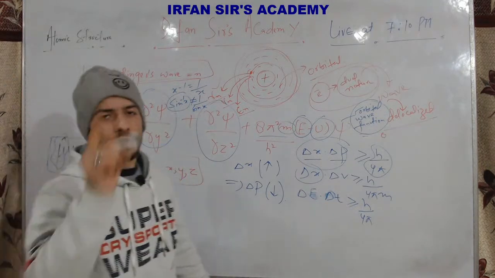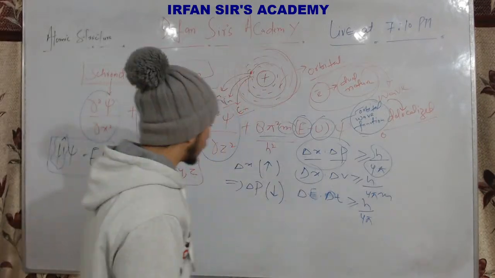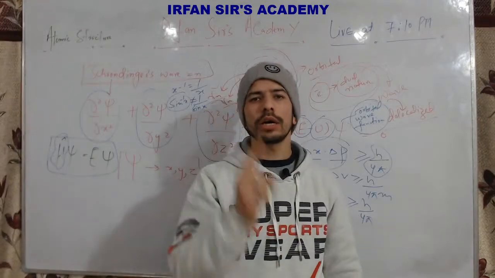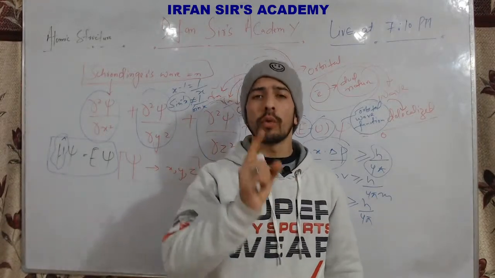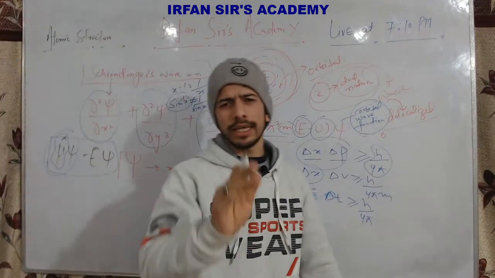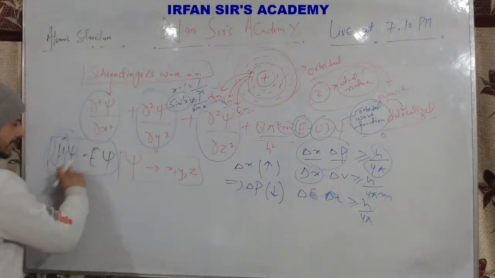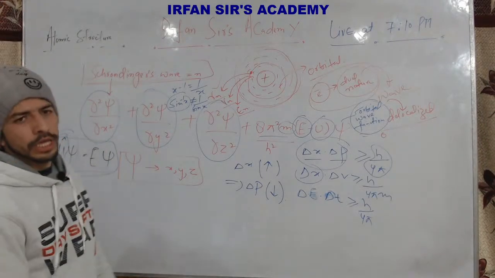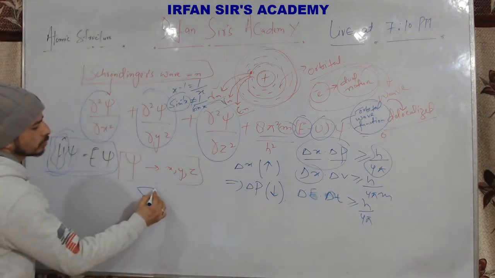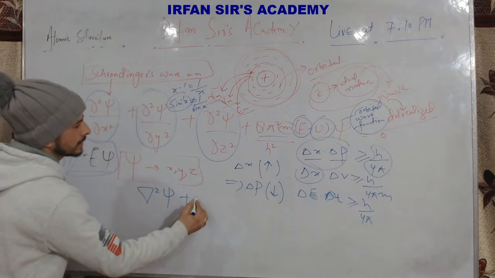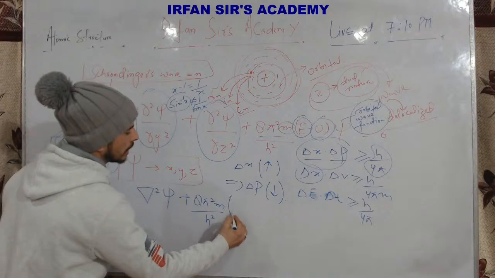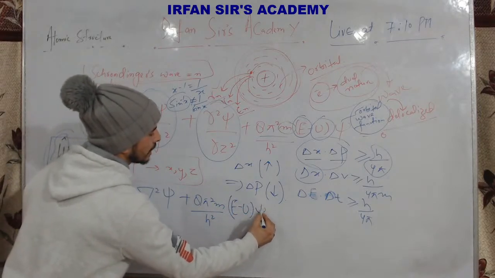Why? It's an inverse trigonometric function, with a proper meaning. Also, if H psi is equal to E psi, you cannot cancel psi on both sides, because it has a proper meaning that you will study in higher classes. You have to remember that you cannot cancel this, and you can write this in another form: del square psi plus 8 pi square m upon h square into E minus U psi equals 0.